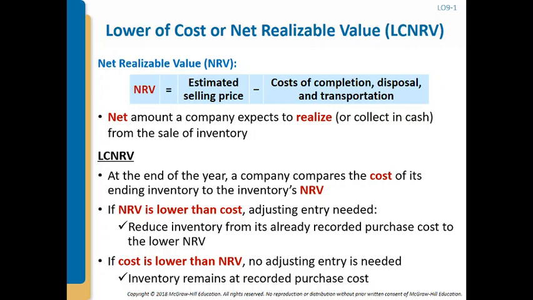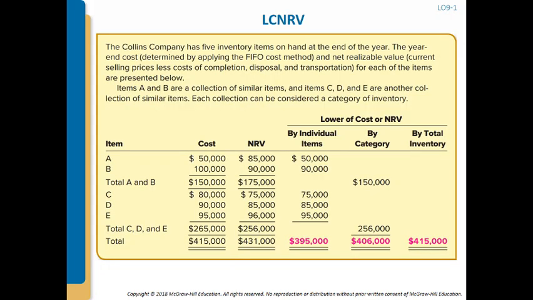And again, if the cost is lower than NRV, no adjusting entry is needed. There are three ways you can do this. You can compare each individual item of inventory, you could do it by categories of inventories, or you can do it by total inventories.